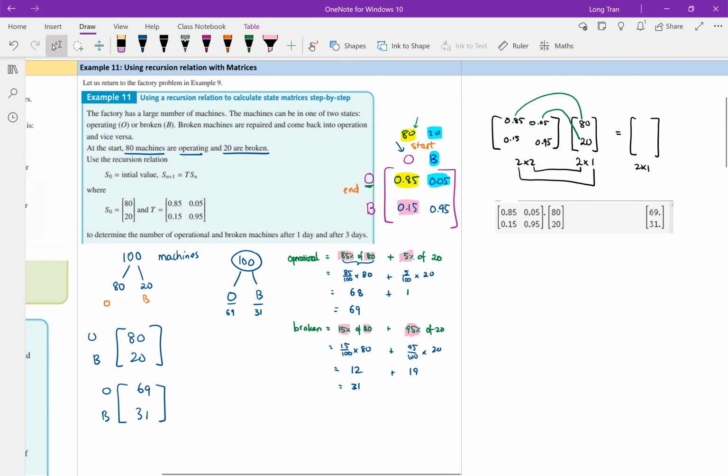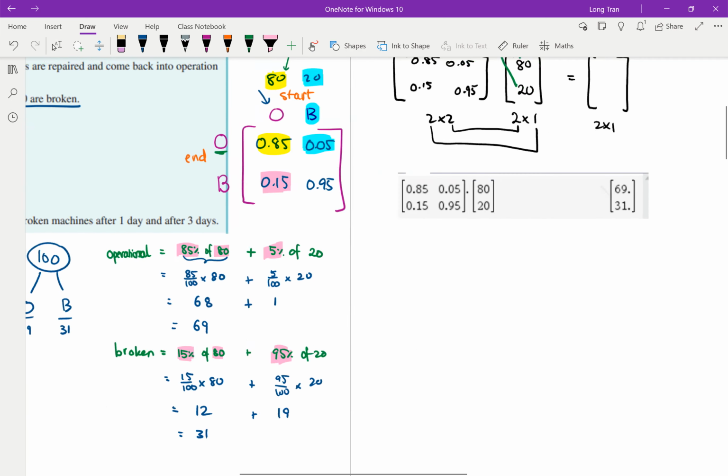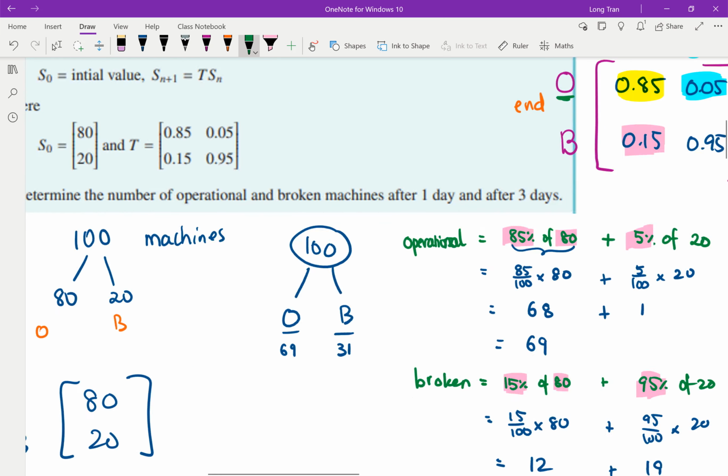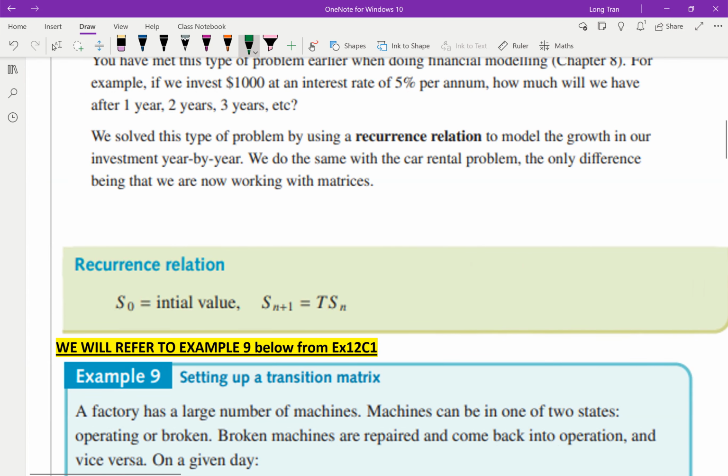Okay, so very brief mathematics behind it. But in this first part, they're just trying to teach you how to use recurrence, because this is how you can do it for day 1. And all we did here was transitional matrix multiplied to what we call the initial state. Okay, so S0.